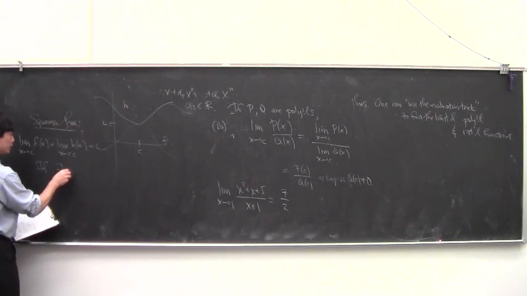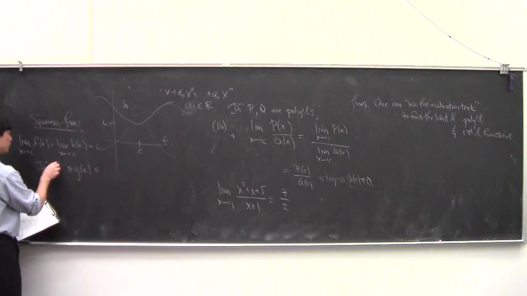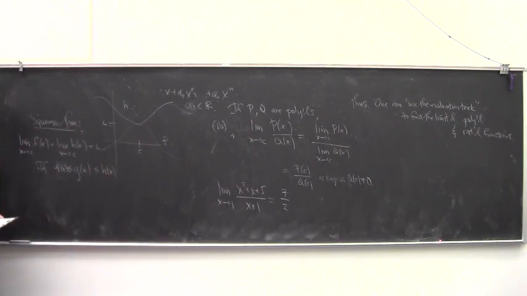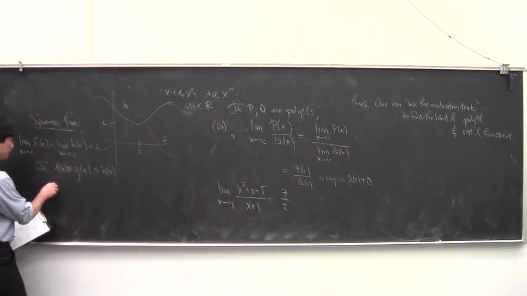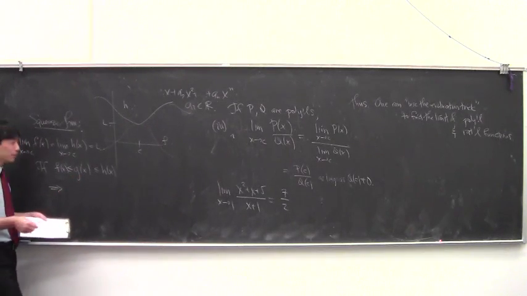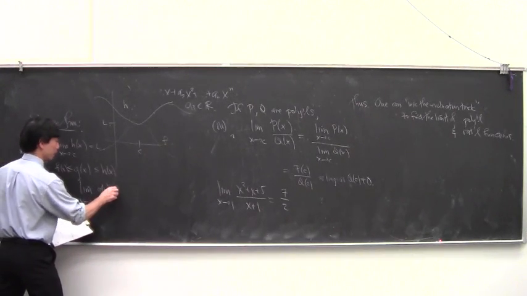If there exists a third function g that's trapped between those two, then what do you think is going to happen? The limit of that guy is also going to be that.